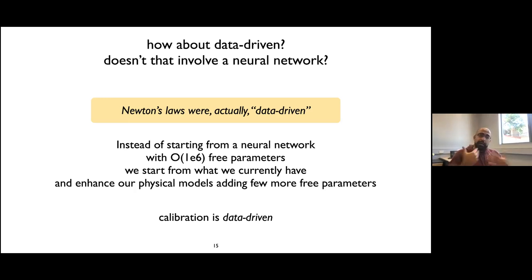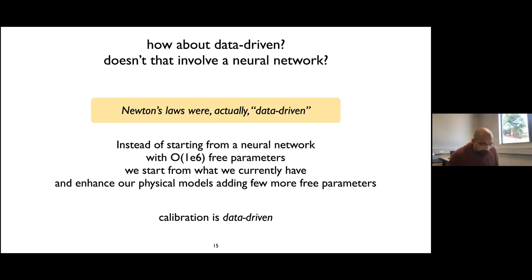Then we add more physics, which includes adding more free parameters possibly, and recalibrate and see how well we can do with that. And in this recipe, it's the calibration that is mostly the data-driven component.